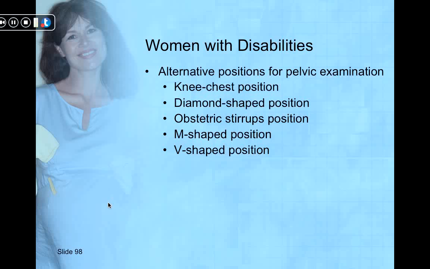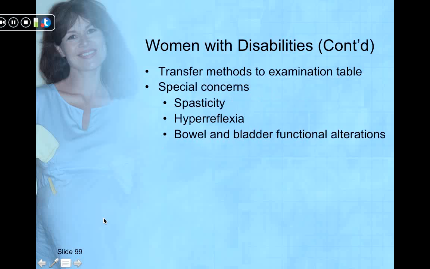So you can do alternate positions based on your patient, but you still have to do the examination. So there are some alternatives, and just be aware that if they can't get in that position, there are alternatives. They may not be optimal, but you can usually get it done.